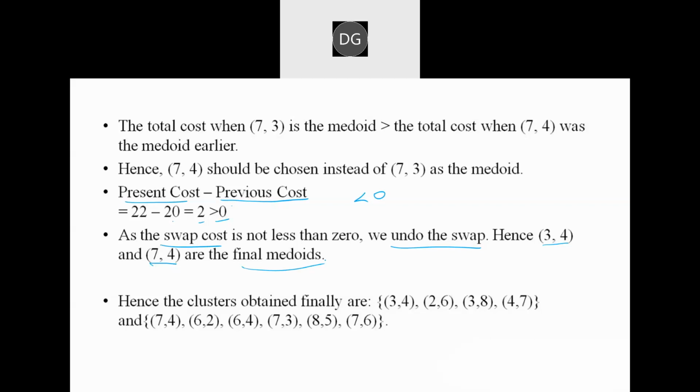The algorithm will do all the 10C2 combinations, and the one which has the minimum cost it will take. In case multiple combinations have the same cost value, any one it will take.